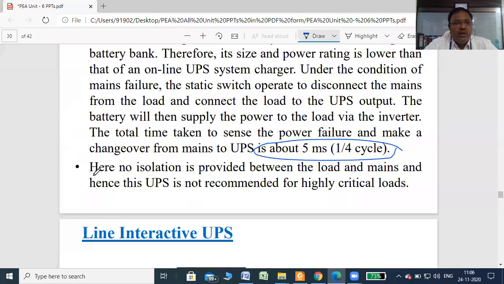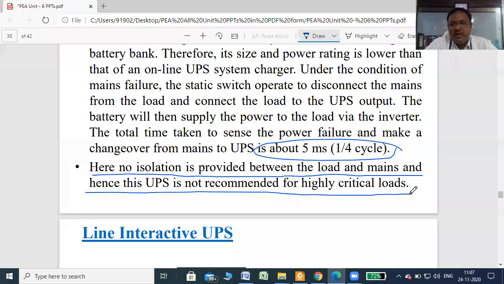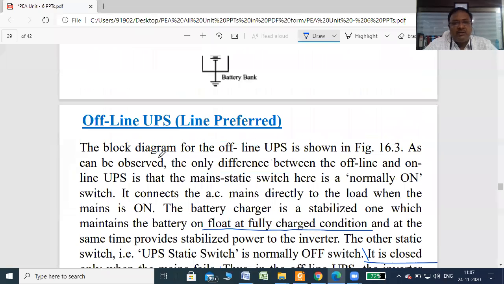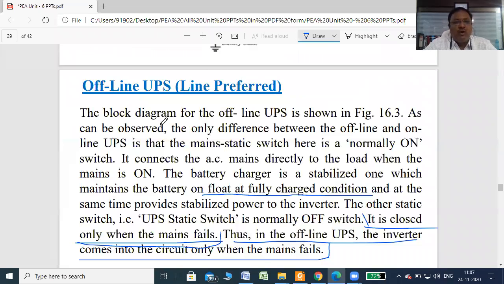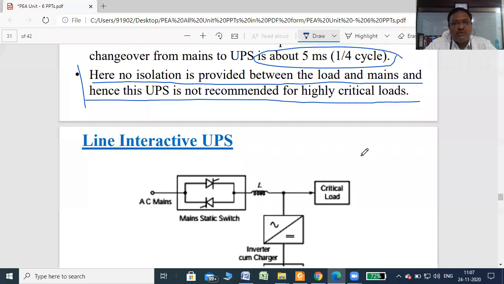Here no isolation is provided between the load and mains, hence this UPS is not recommended for highly critical loads. Supply is given directly to the load through these switches. It's simply a switch, so there is no isolation between the load and supply. If the supply voltage increases, then the load may get damaged, right? So such types of UPS are not used for highly critical loads.